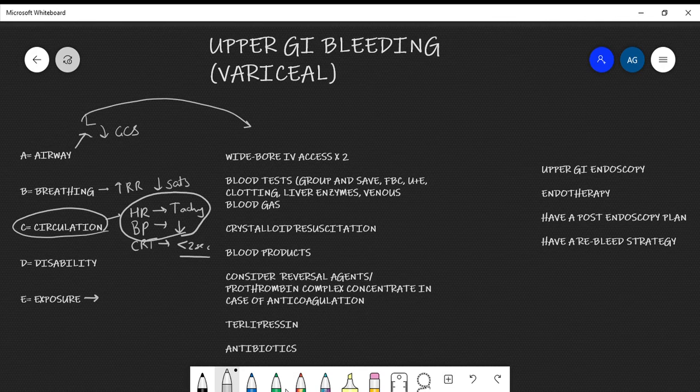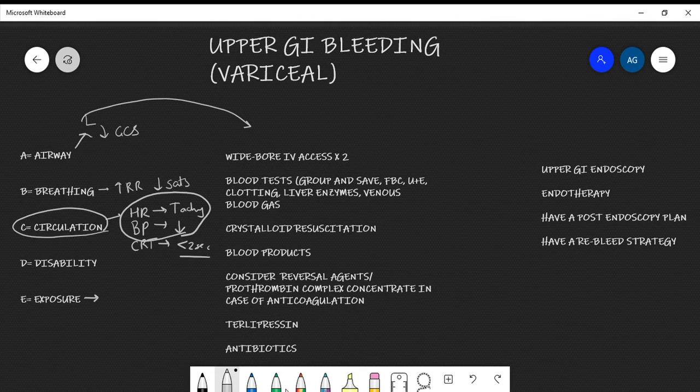So 2 cannulas in the antecubital fossa is the minimum recommended IV access. So green cannula and wider green cannula and bigger cannulas, so that you can push in fluids, blood products if need be at a quick pace.